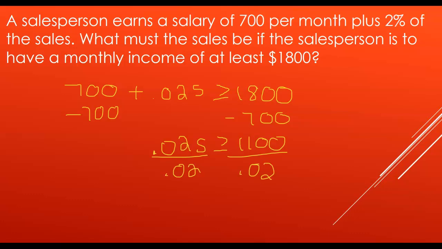If they make less commission on their sales, even though this salesperson is asking to earn less money per month, they have to sell an amount pretty close to the other person. So they need to sell $55,000 even though they're only making $1,800 per month.